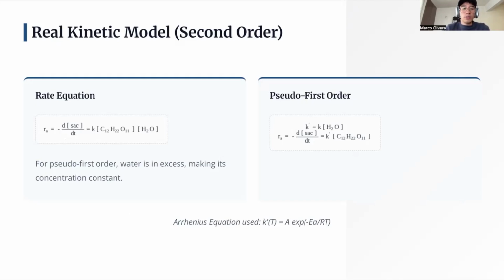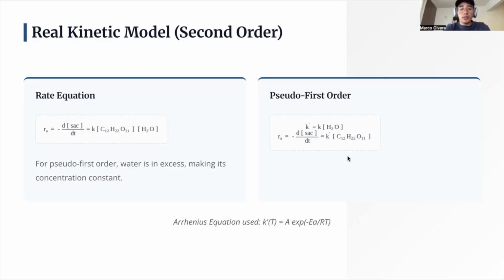With water in excess, the concentration of water remains practically the same. So we now have a new kinetic constant, K prime, equal to K times the concentration of water. Then this rate equation changes into K prime times the concentration of sucrose.